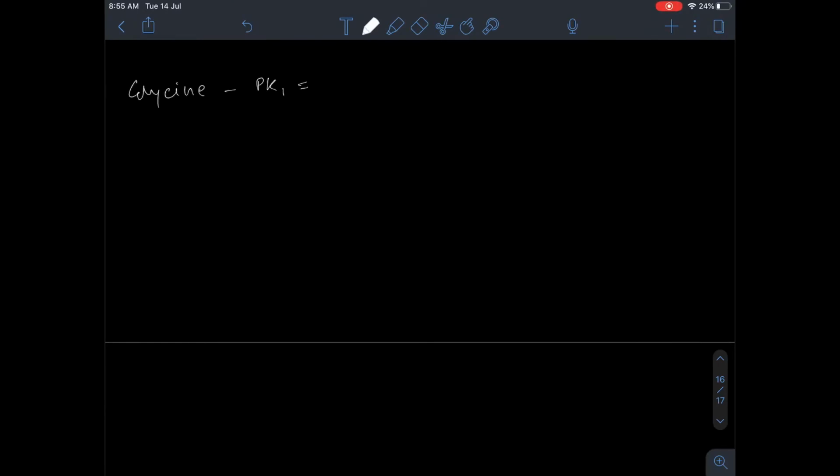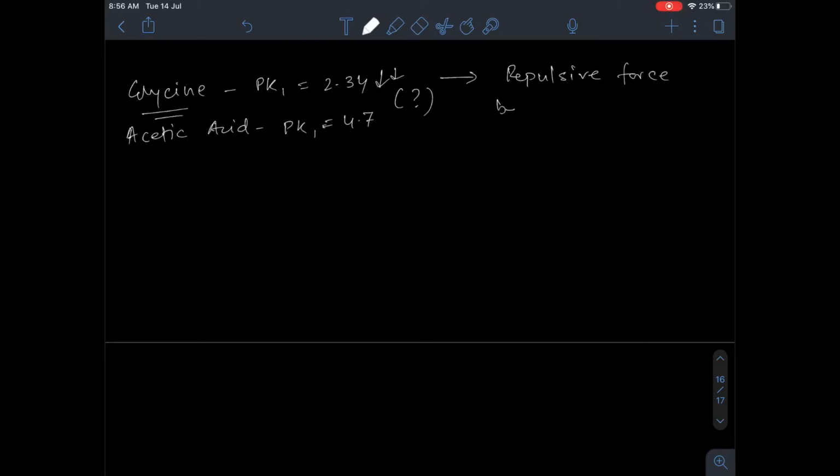For glycine, pK1 is 2.34, but for other acids, let's say acetic acid, pK1 is around 4.76 or 4.7. Now why this decrease for glycine? That's because of a repulsive force between the departing proton and the amino group present on the alpha carbon.